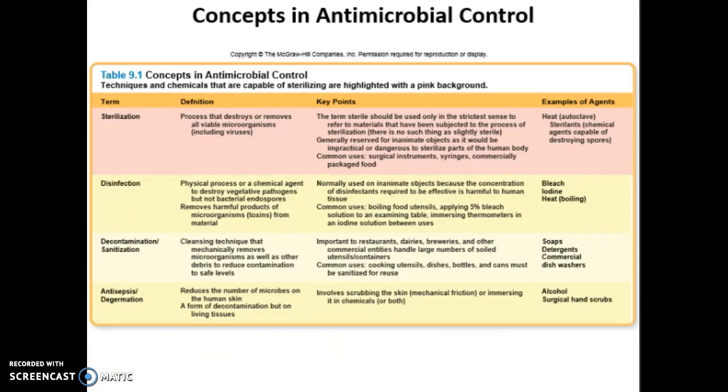All right, so Table 9.1 looks at just some basic terms. Sterilization, disinfection, decontamination or sanitation, and then antisepsis or degerming. Now, as we go down, we start at the top, we have sterilization, which is a process that destroys or removes all viable microorganisms.